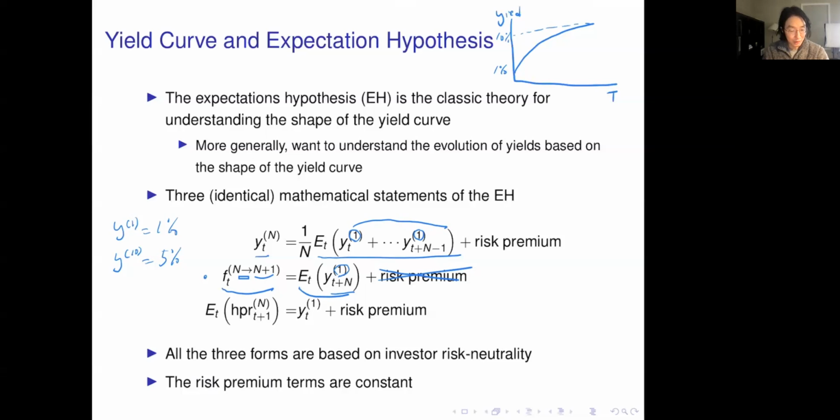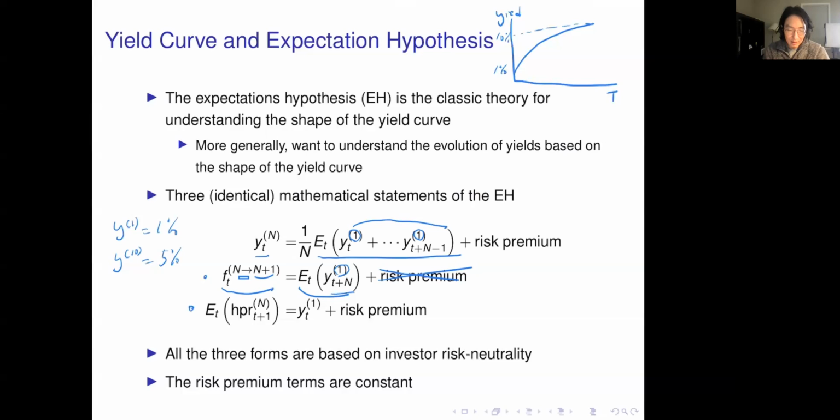As you saw in the previous slide, the forward rate tells us about the shape of the yield curve. If the forward rate is higher, then it's likely that the yield curve is upward sloping. So when the yield curve is upward sloping, the future 1-year rate is going to be high as well.